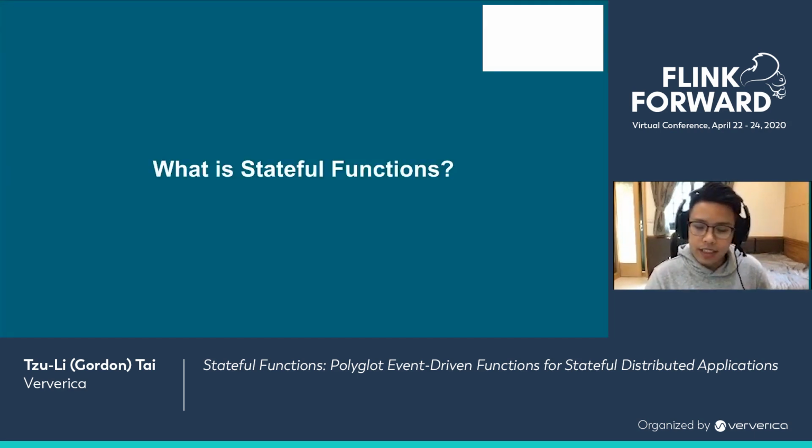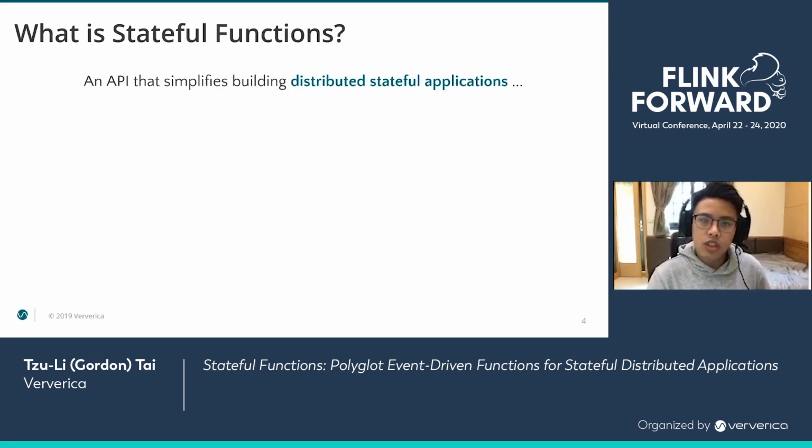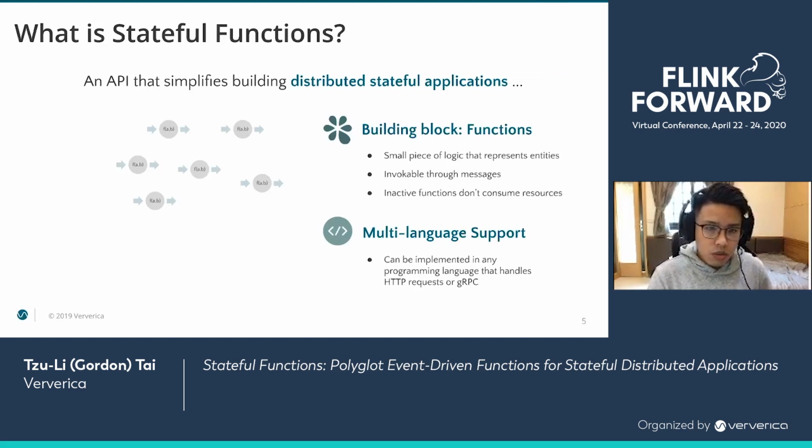So what exactly is Stateful Functions? Simply put, Stateful Functions is an API or framework on top of Apache Flink that simplifies building distributed stateful applications. Users will develop their applications by implementing several services, or what we call functions, which are basically small pieces of code or logic that represent entities in an application.